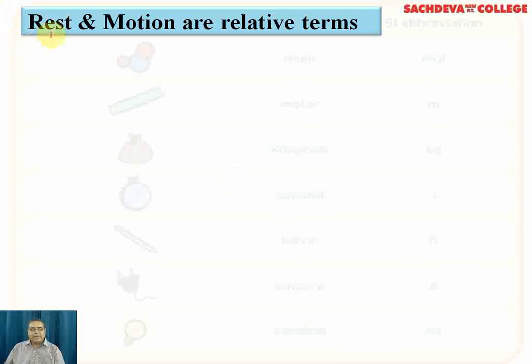Now, our next discussion is that rest and motion are relative terms. This means that a body can simultaneously be in the state of rest and in the state of motion.